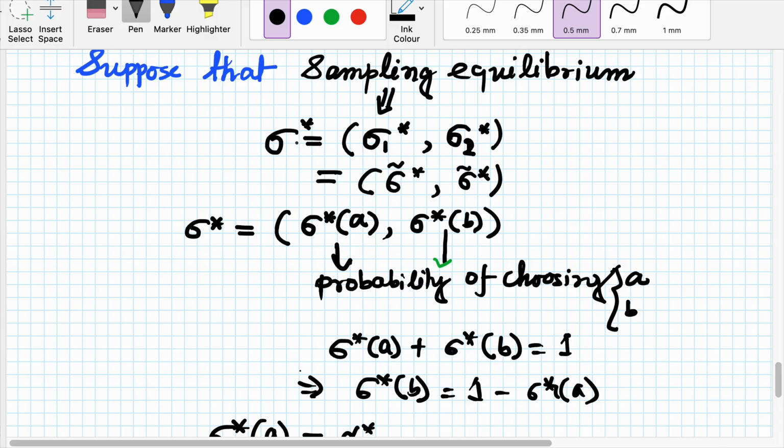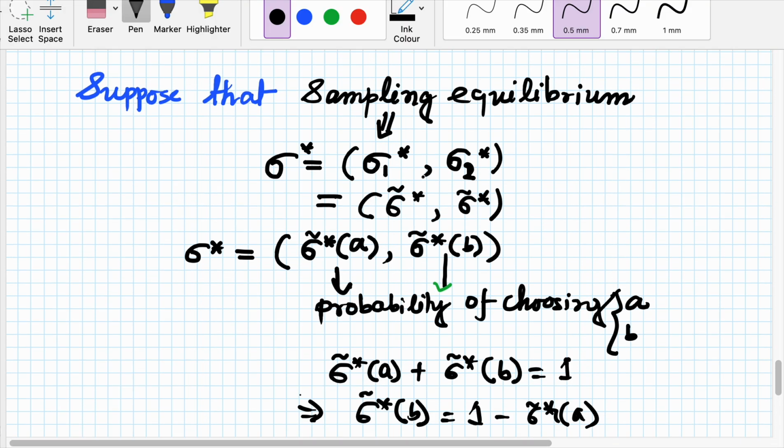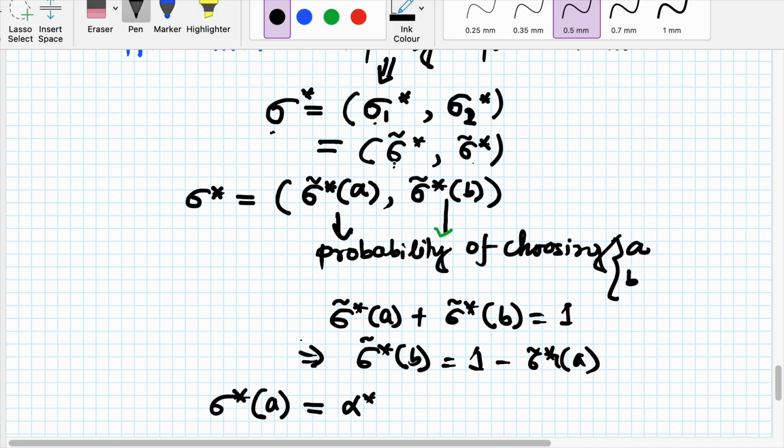Because the symbols here are the same, and this is a vector which contains two vectors inside itself: one corresponds to all strategies of player 1, the other to all strategies of player 2, and in the symmetric game player 2's strategy is the same, so it can be represented by the same vector sigma tilde star.